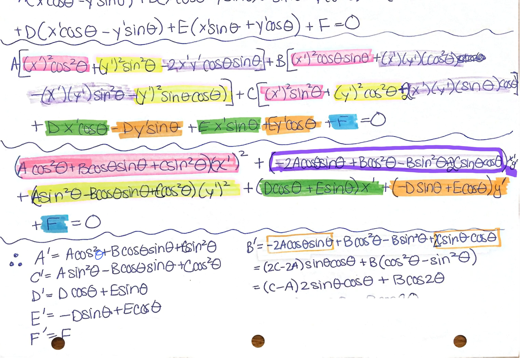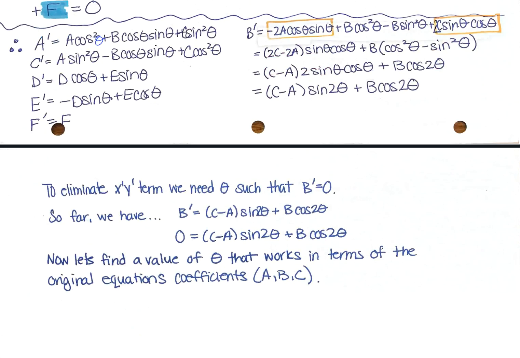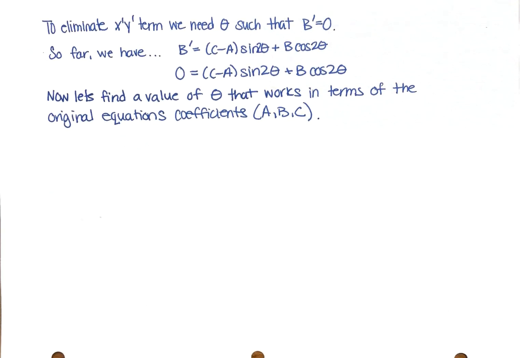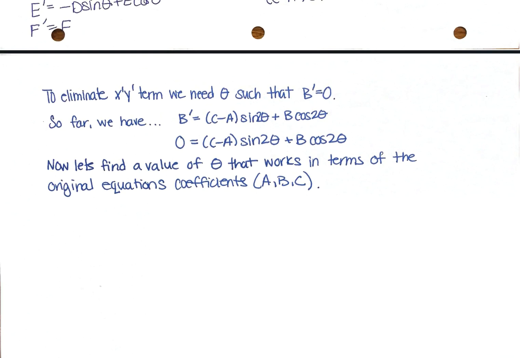Okay, so we're going to take this equation and do our final step. Our goal, as we said, was to eliminate the x prime y prime term. Let me just go back up and leave a little bit of that on the screen. So we need to find a theta value to make the b prime term equal 0.